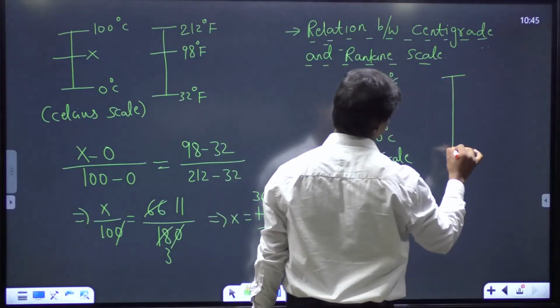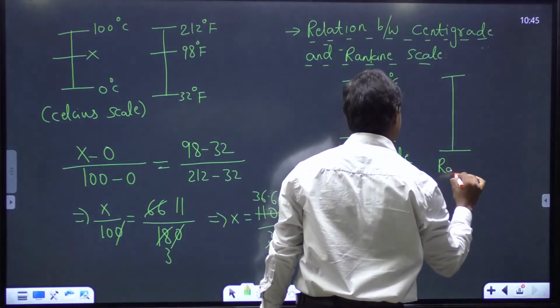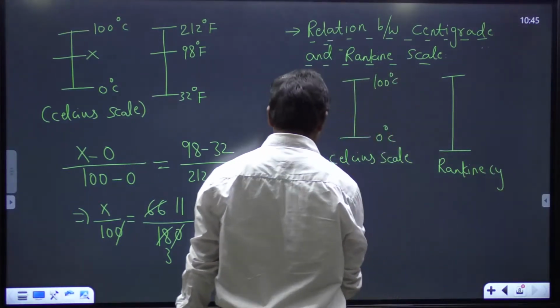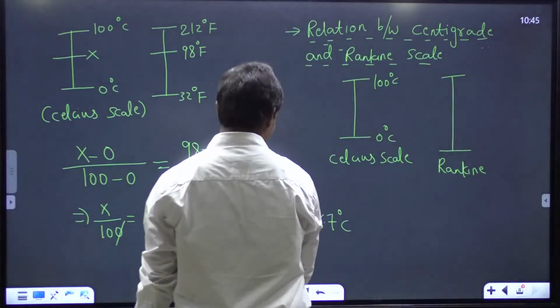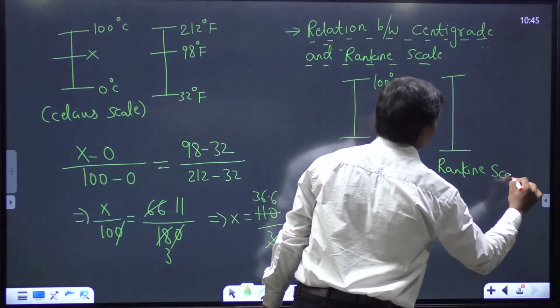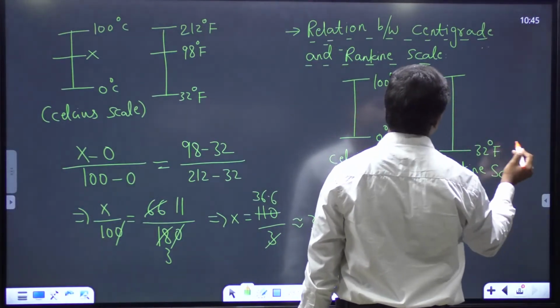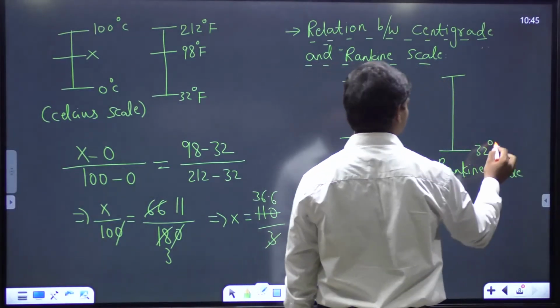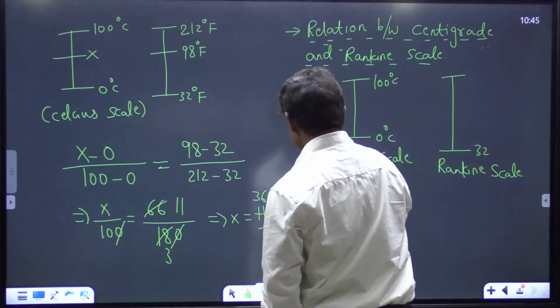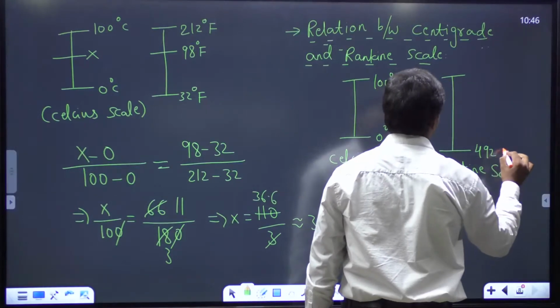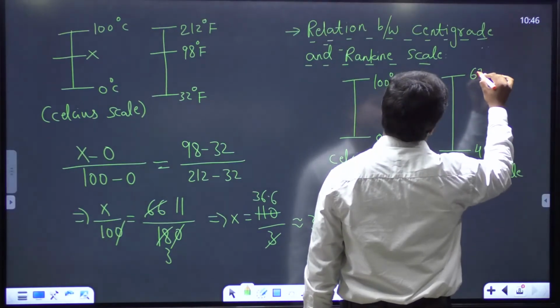If you consider the Rankine scale, sorry, not Rankine cycle, we didn't go to that extent still, the Rankine scale. The ice point is 492 Rankine and the steam point is 672 Rankine.